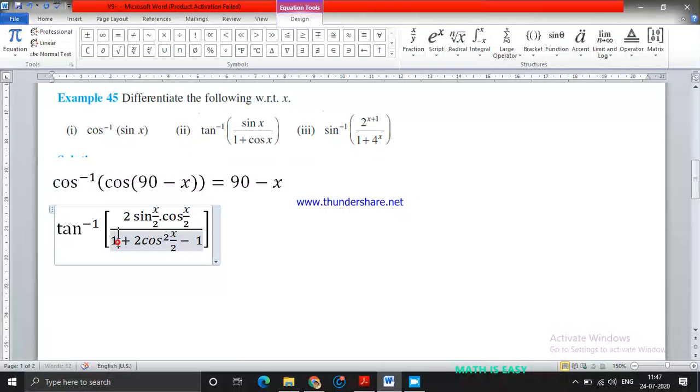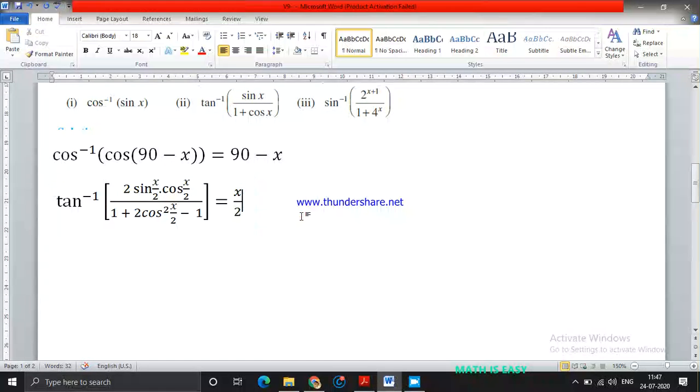So here 1 and minus 1 will get cancelled, then 2 will get cancelled, cos x by 2 will get cancelled, so we are left with sin x by 2 upon cos x by 2, which is tan x by 2. So tan inverse of tan x by 2 is nothing but x by 2. So the derivative of x by 2 is 1 by 2. Okay, so that's how you solve the second question.